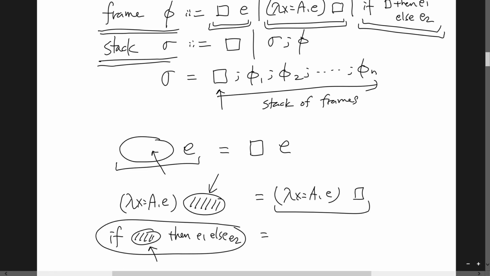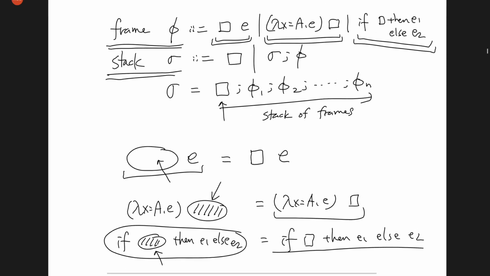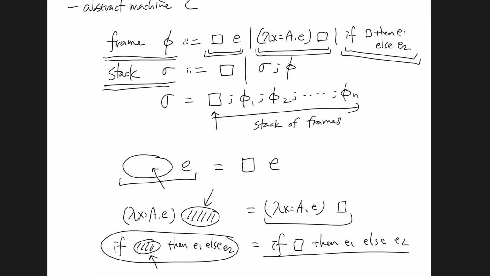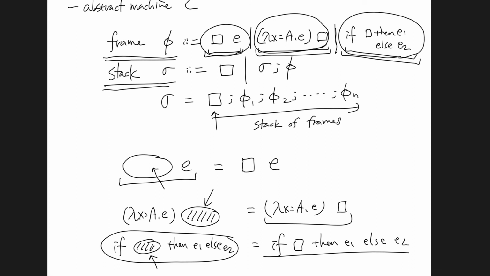In this case, you leave behind this frame, E1, else E2. That's the intuition behind this frame. Each frame corresponds to one step in the analysis of the given expression when we are searching for the next redex to be reduced.